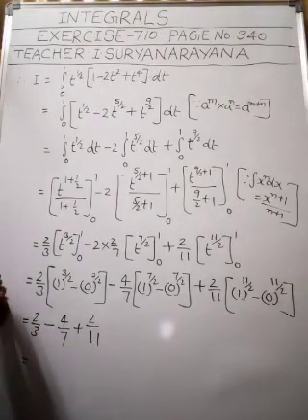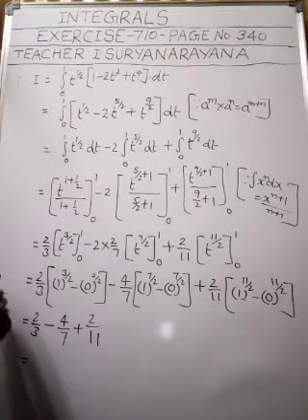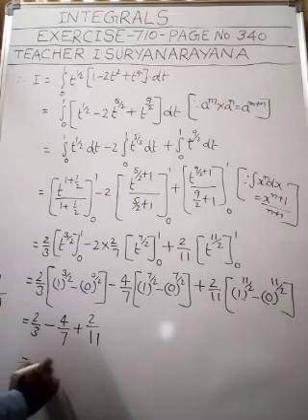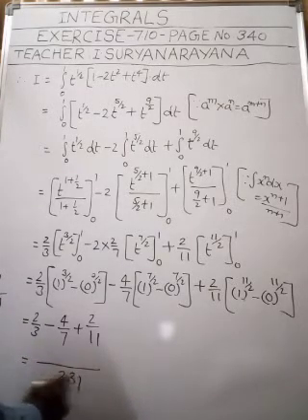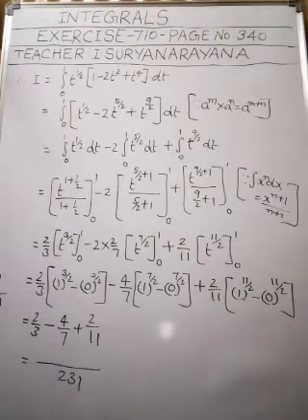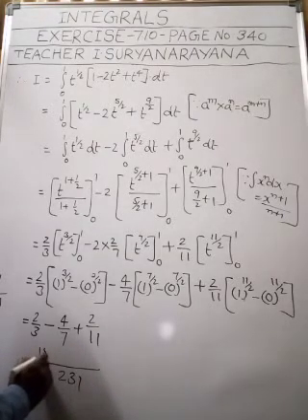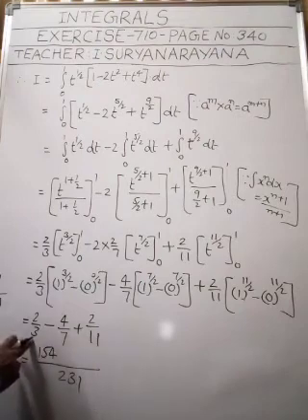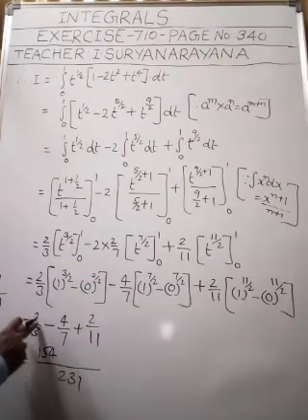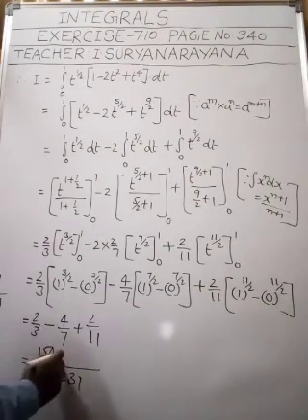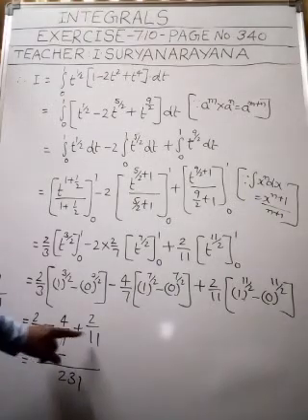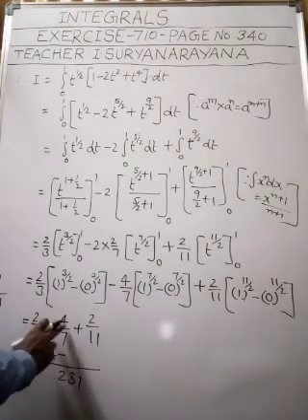21, 231, LCM is 231. Then what do we get here? 3 sevens are 21, 77 times 2 is 154, minus 33 times 4.